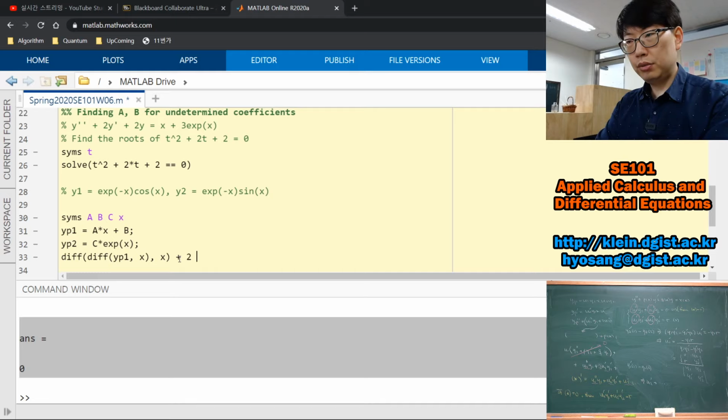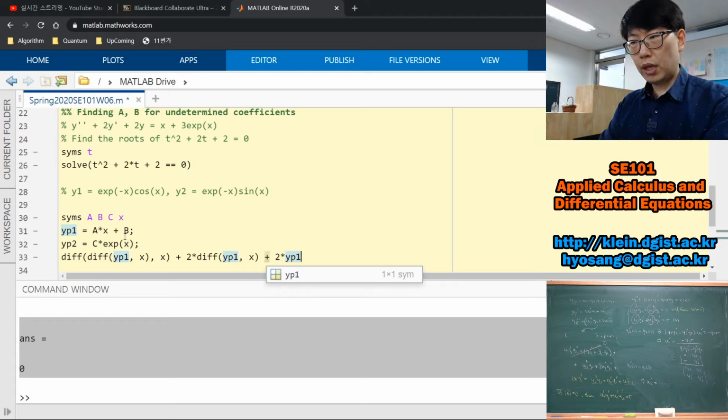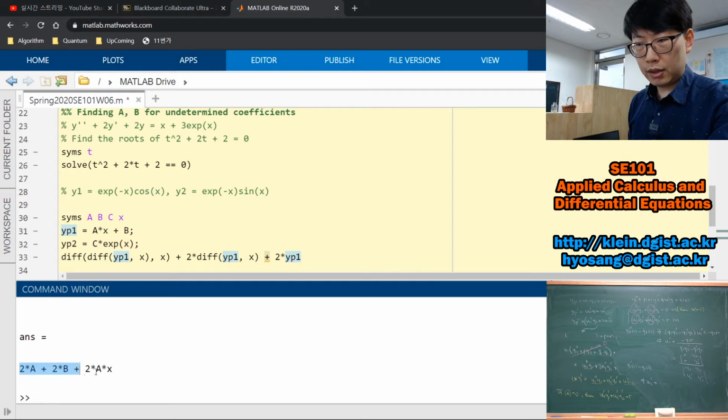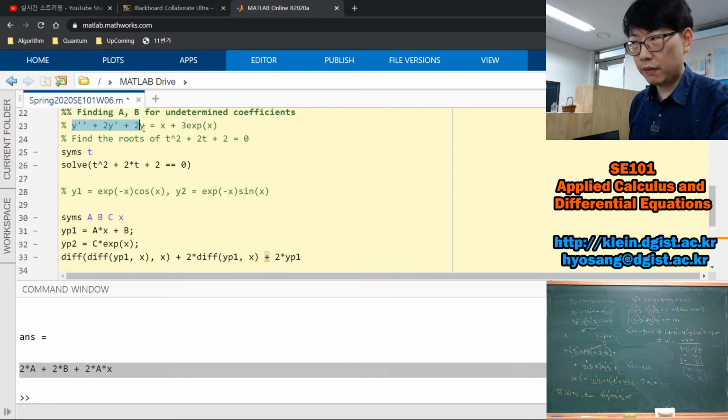Then plus 2 times the derivative of yp1 in terms of x, plus 2 times yp1. When I execute this, I have this formula. This is the left-hand side of the equation when I plug in yp1 of the general form ax plus b. And I want this to equal x.